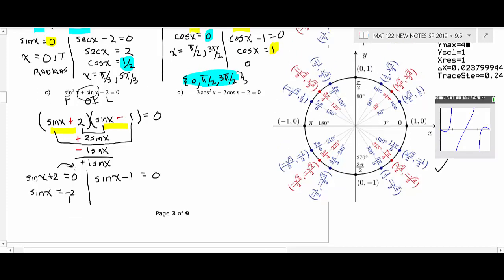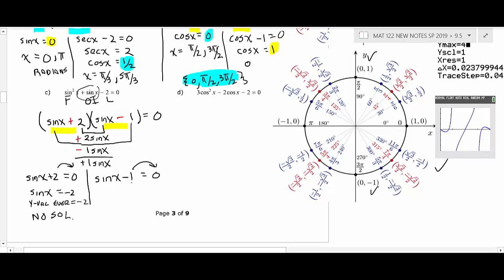Now you would have to look on the unit circle, and the question would be, does the y value on the unit circle ever equal negative 2? Well, clearly it doesn't. If you look at your y value, the biggest y value is 1. The smallest is negative 1. So this is undefined, so you get no solution out of that. There's no place on the unit circle where the sine takes on the value of negative 2. So you get nothing out of that factor.